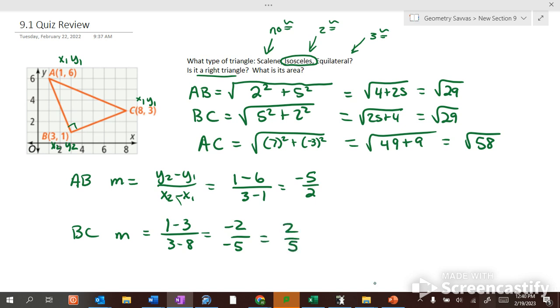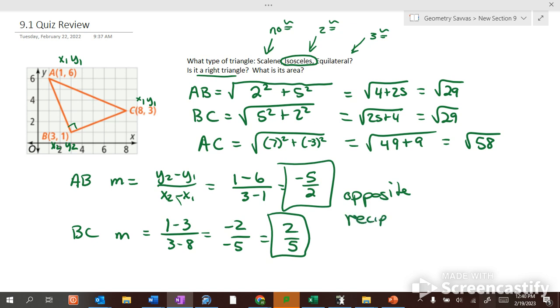There we go. These two slopes are opposite reciprocals. So they make perpendicular lines, so yes, indeed, this is a right angle.